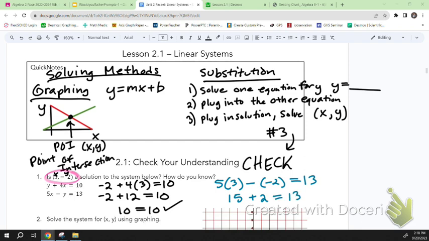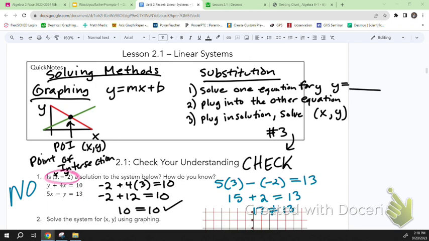Uh-oh. Does 17 equal 13? No. This is a big no. This does not work in this system. It is not a solution. It has to be true for both equations. It was true for the first one. It wasn't true for the second one. Questions?